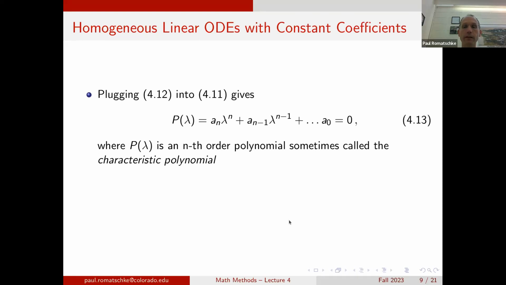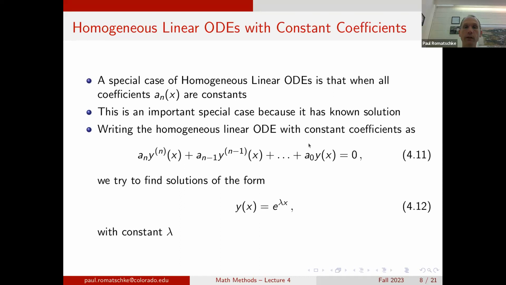If we plug this solution into the form of the linear ODE over here, we find that the nth order differential of the exponent just brings down y of x times lambda to the nth power. Here we have lambda to the (n-1)th power, and all the way down to no power of lambda for the last term here.